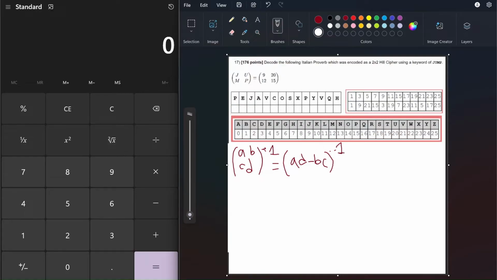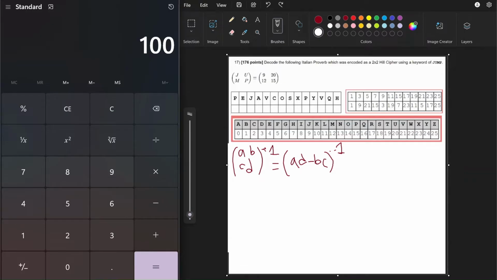If you aren't sure what a modulus of 26 is, that's when you have to add or subtract 26 to get a value within this table that we have right here. This is our letter to number table, and that's going to show us that Z is 25. Let's say we had a number like 100 in our calculator. Now we need to subtract or add so that we get a value from 0 to 25.